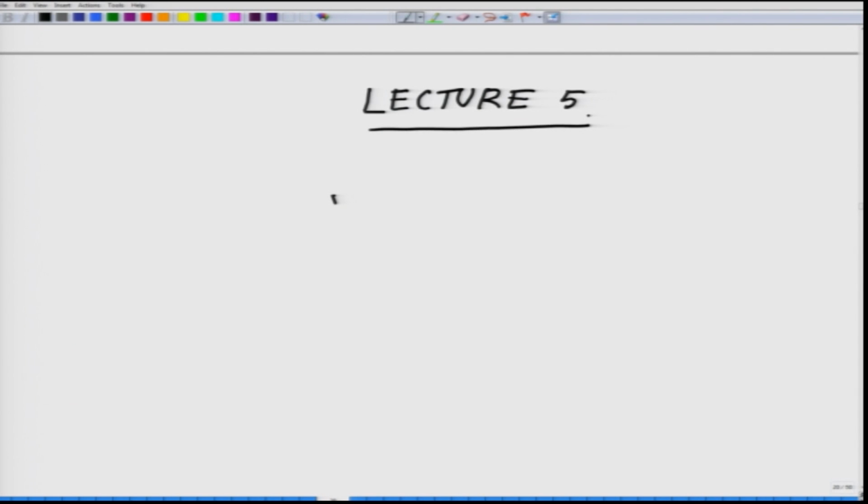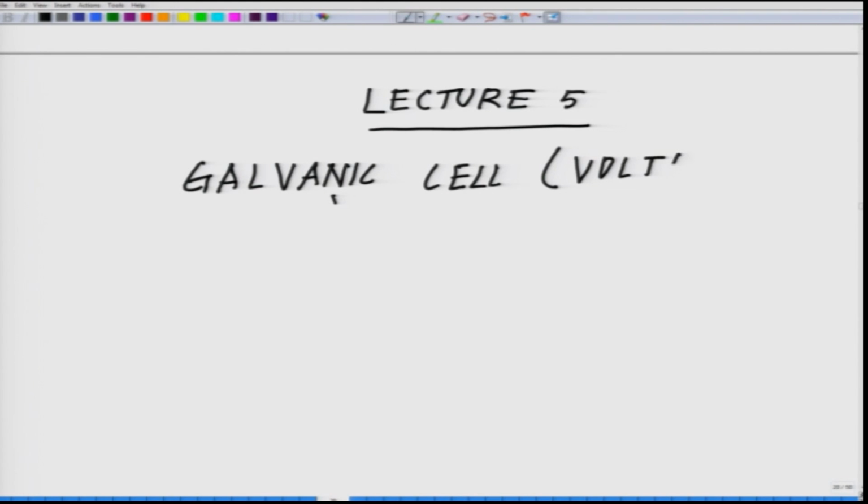So, let us again revisit the definition of the galvanic cell or the voltaic cell. The galvanic cell is also called the voltaic cell, and sometimes a special case is called the Daniell cell.